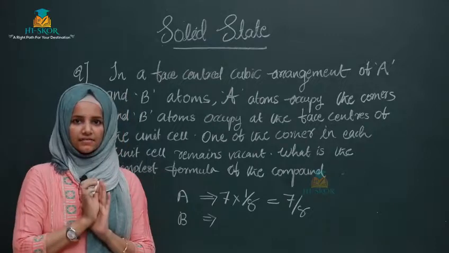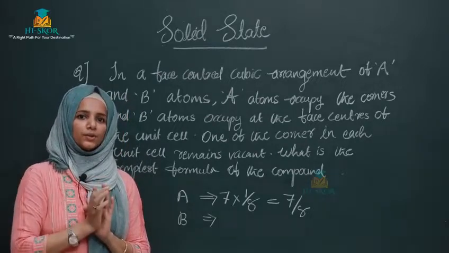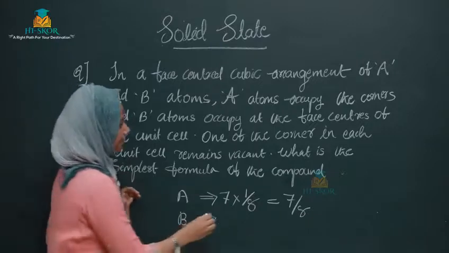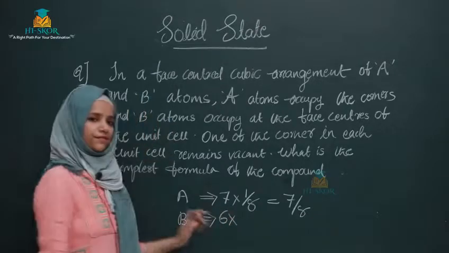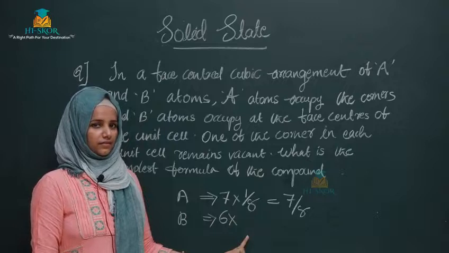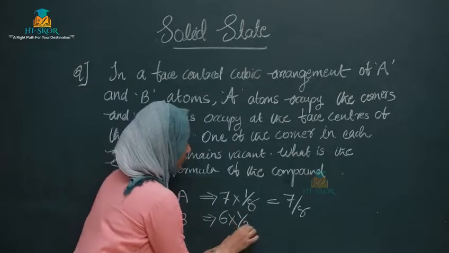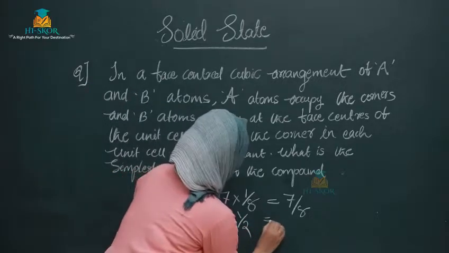How many faces do we have for a cube? Just now I told you we have 6 faces. Each face is shared by half of the sphere. So 6 into 1 by 2, that is equal to 3.